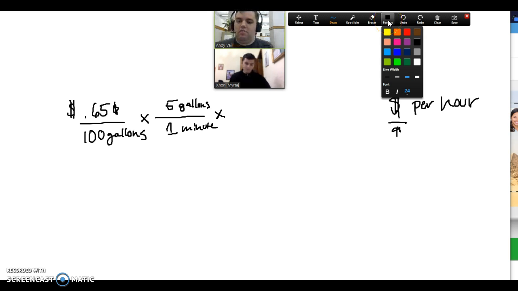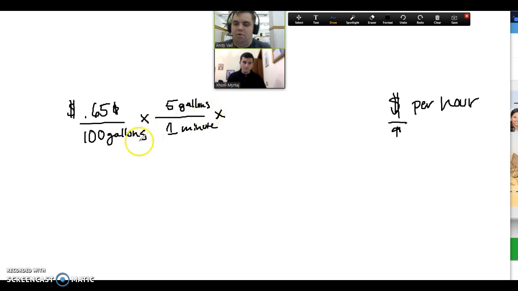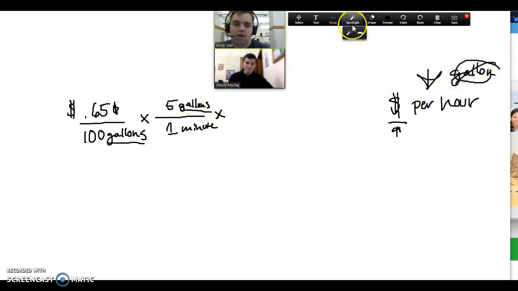They gave me gallons down here, so I just put gallons on the top part. Gallons are going to go on the top, so they cross out, because I don't want gallons here. Gallons are bad. So I'm able now to cross them out.